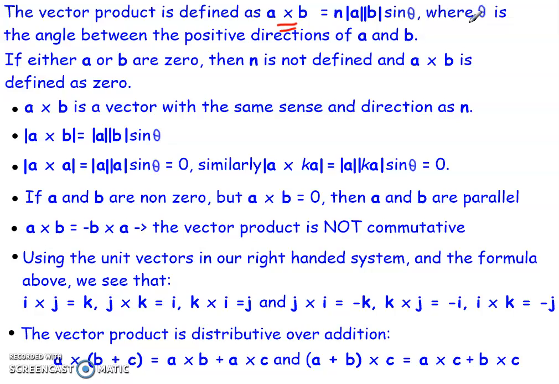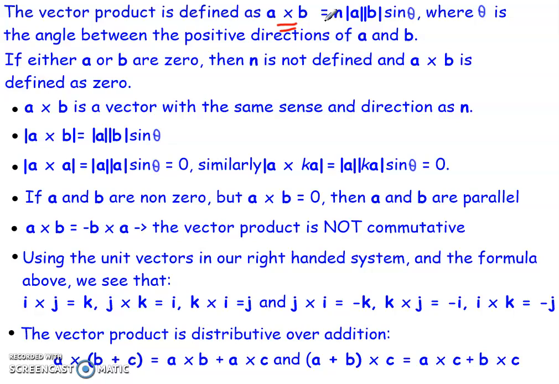This gives a normal vector times some scalar that comes from A and B, so we end up with an answer that is a vector: some scalar multiple of this unit vector normal to the plane.